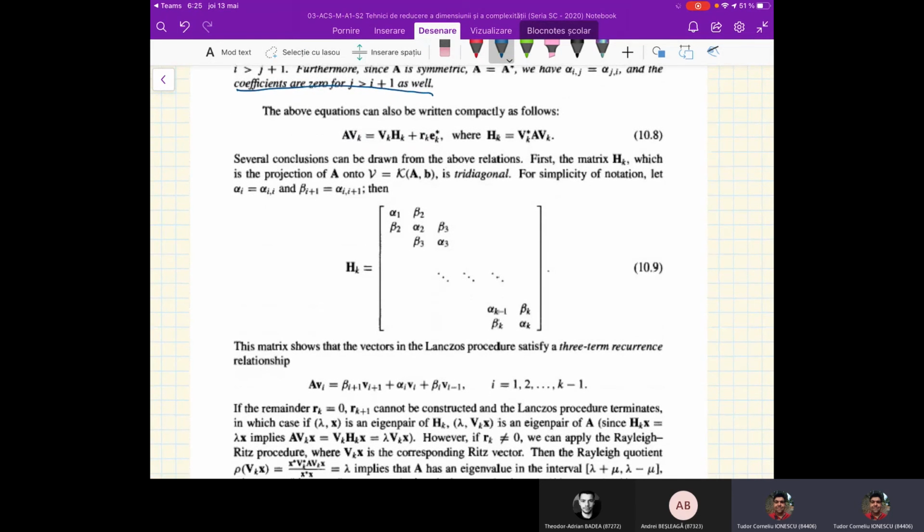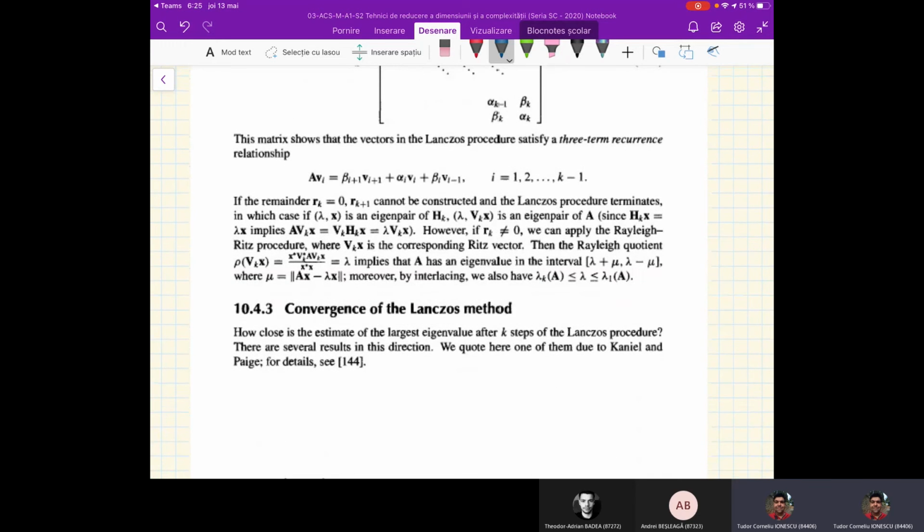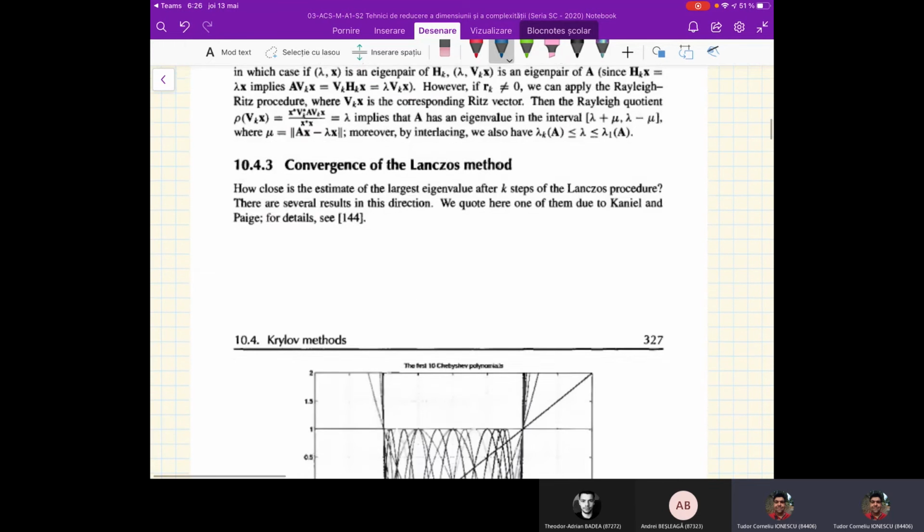Now this is an approximation of the original problem. The above equation can also be written compactly in this form. And it shows you in this specific case you get a specific form of the Krylov subspace and of the matrix H. And then you can get the vectors in the procedure satisfying a specific recursive solution that proves the point of the solution of the eigenvalue problem.